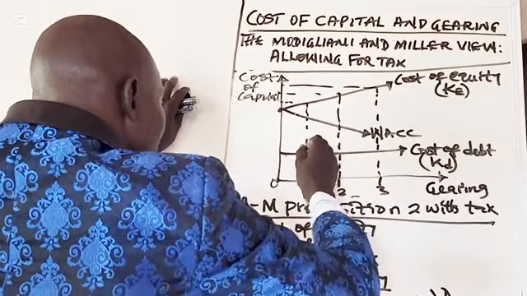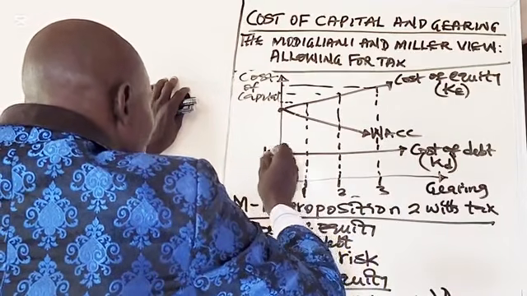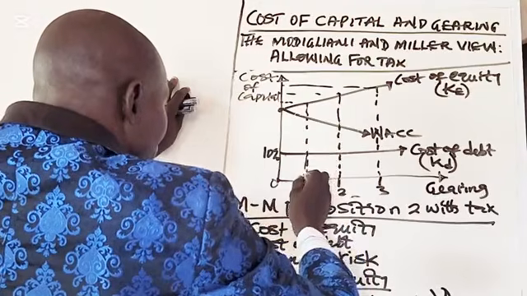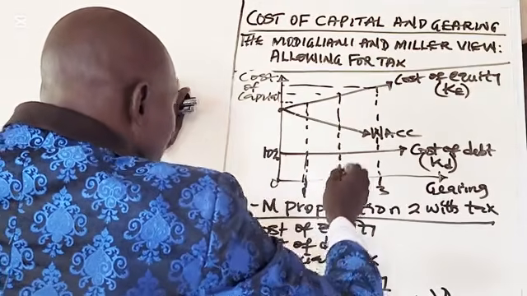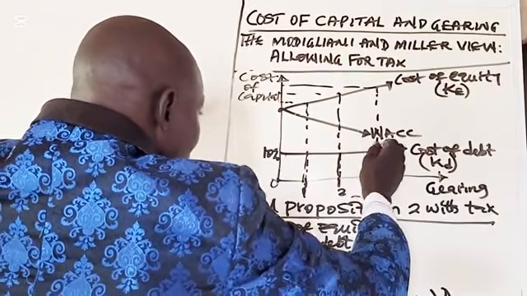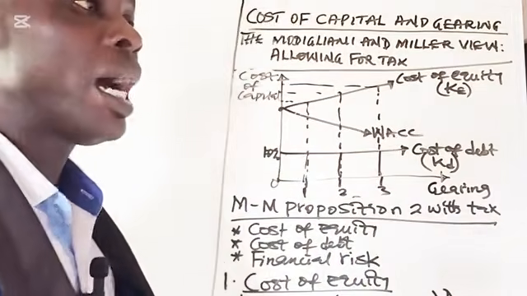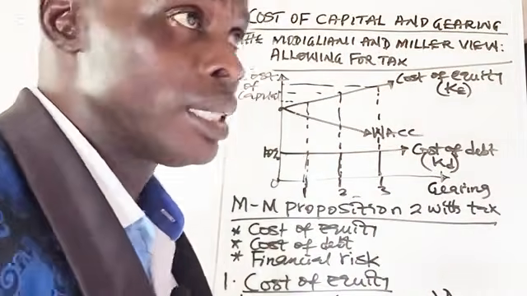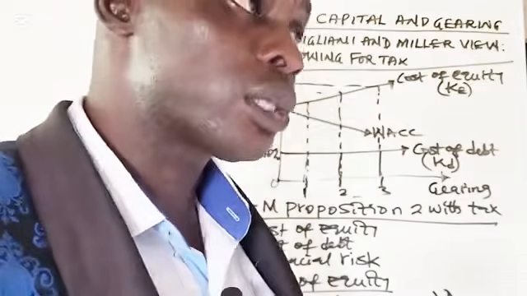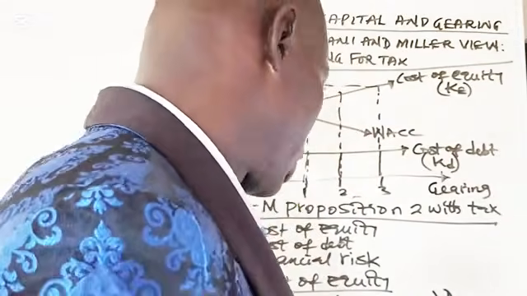There could be 1 here. Let's assume this is 10% cost of capital. If debt is 1, cost of capital is 10%. If debt is 2, it remains 10%. If it is 3, we still have 10%. So what can we say about that? Cost of debt is constant at all levels of gearing.